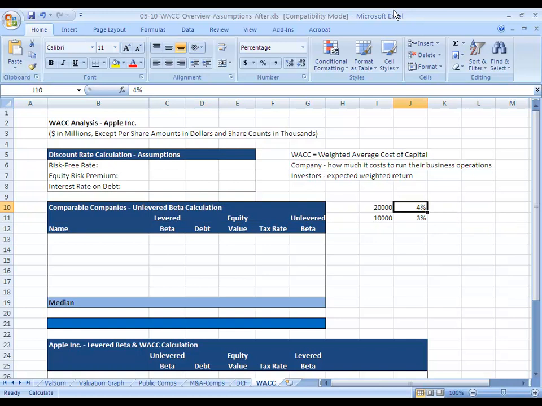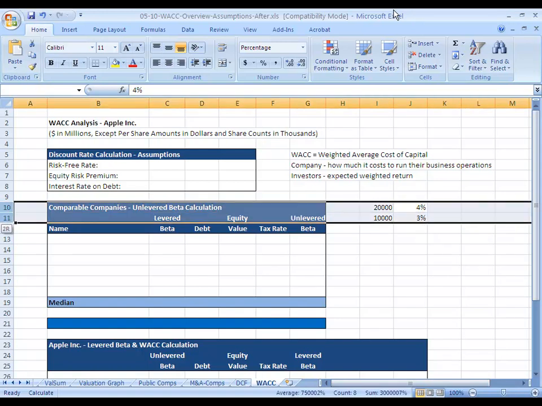Now, from the perspective of the investors, WACC in this case would tell us for the average investor, if we average the car loan investors as well as the college loan investors, what kind of return can they expect?